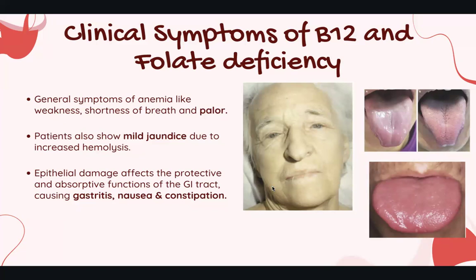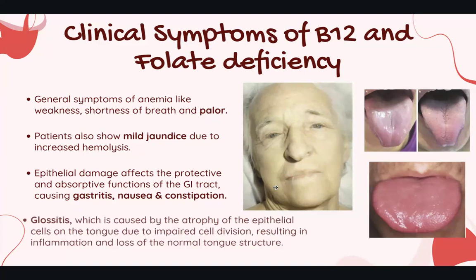As the RBCs break down, hemoglobin is released and metabolized into bilirubin. Usually the liver processes this and clears out the bilirubin, but in this case, the amount of bilirubin produced exceeds the liver's capacity to clear it, which leads to a buildup of bilirubin inside the tissues and causes this yellow hue in the skin and the eyes, right?